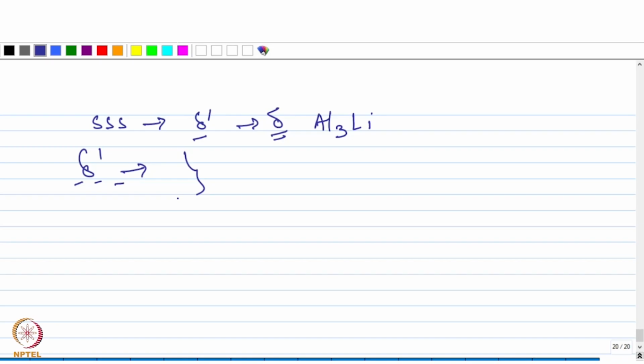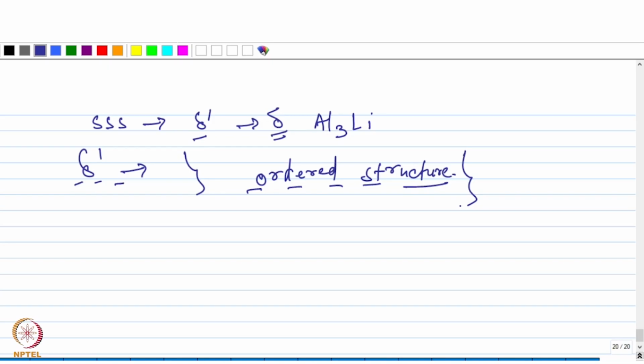So that's why you get these precipitates directly as you start the aging process after quenching. And these precipitates have got an ordered structure.